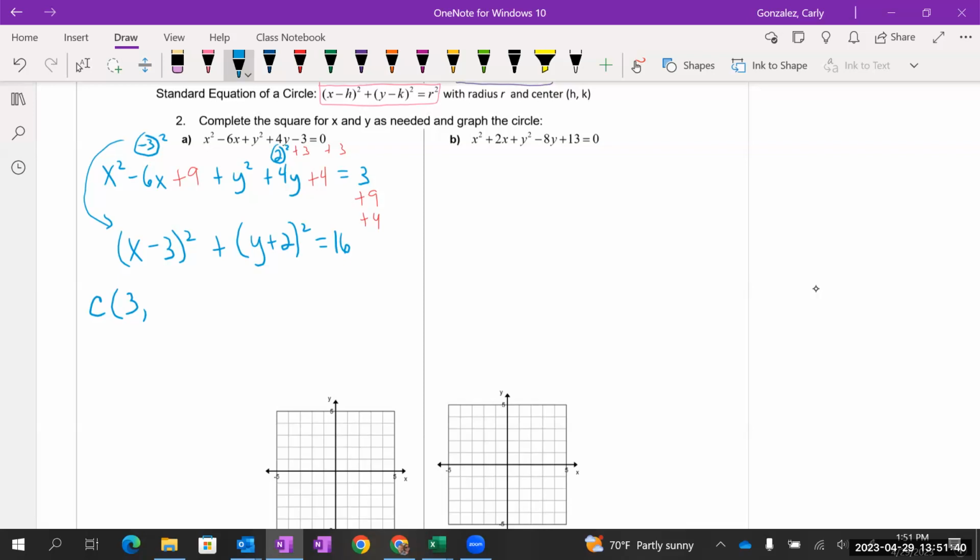So the y value of the center will be the number that's being added or subtracted in with the y. And since there's a +2, the opposite sign will be a -2. So the center of this circle will be at the point (3, -2).